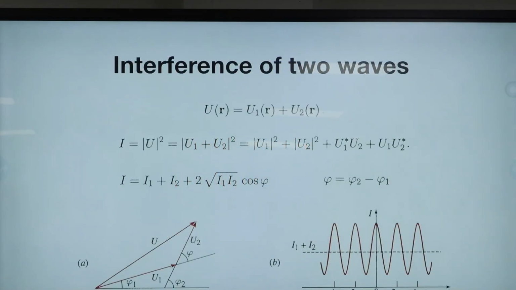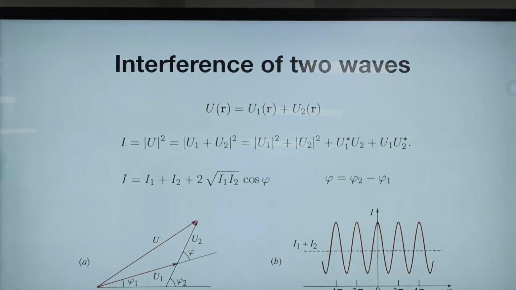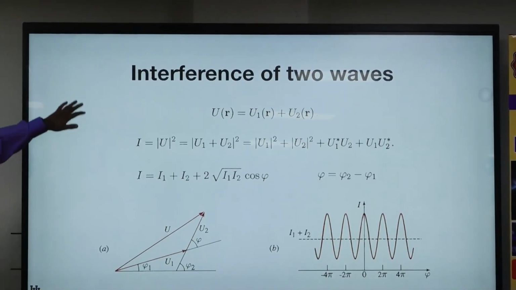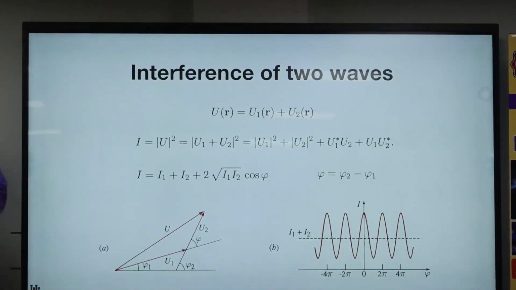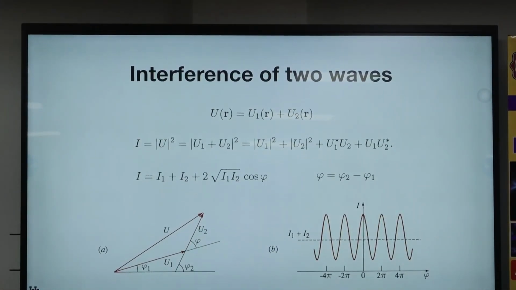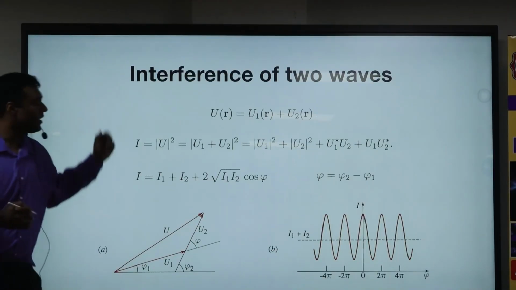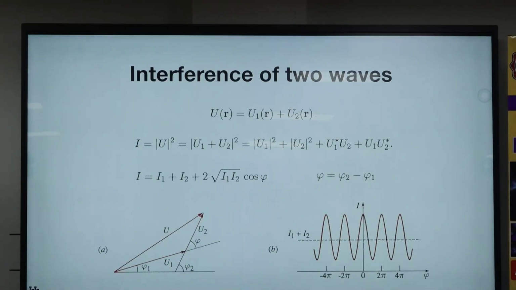Okay, so the next topic I wanted to cover is interference. This is where ray optics breaks down. You cannot think of light as rays, but you have to think of light as waves. So what does that mean?